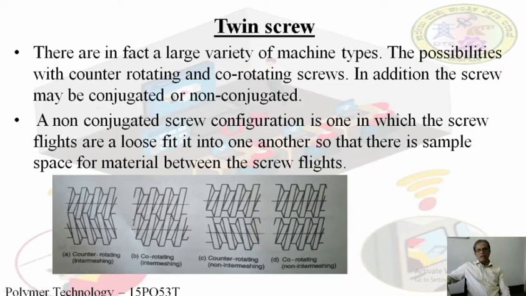There are in fact a large variety of machine types, with the possibilities of counter rotating and co-rotating screws. In addition, the screws may be conjugated or non-conjugated.